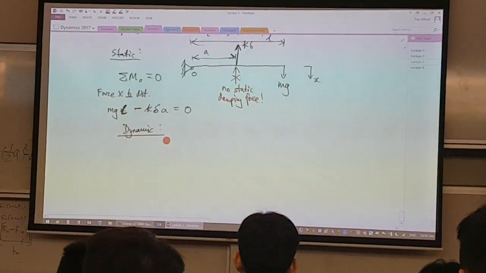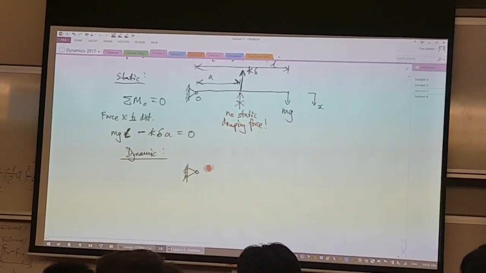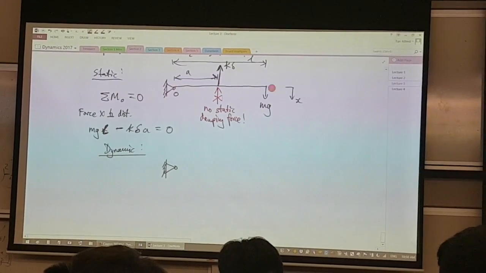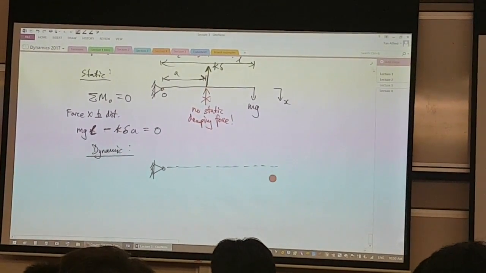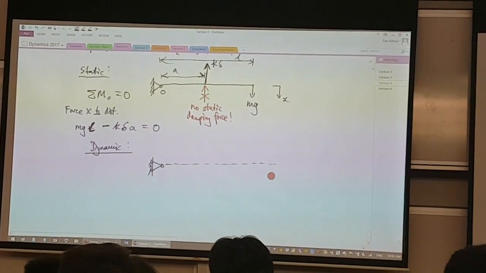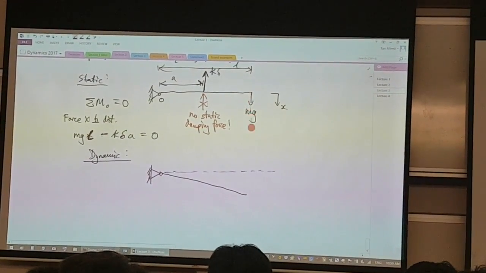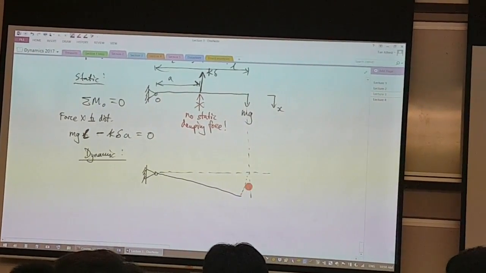Under your dynamic condition, again, you need to sketch your dynamic condition figure. See how I sketch. There will be that dotted line to show that this was the axis that we deflected. How we deflected is that it used to be over here, and now it swings downward.